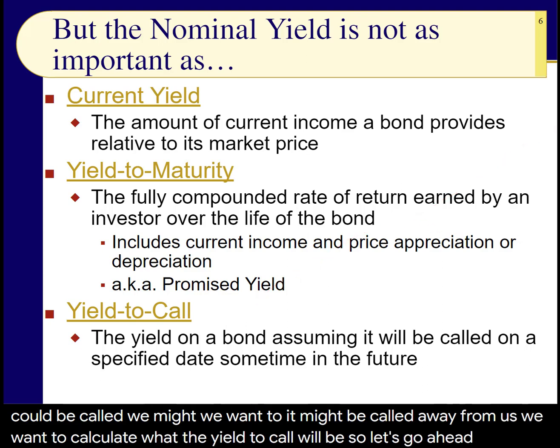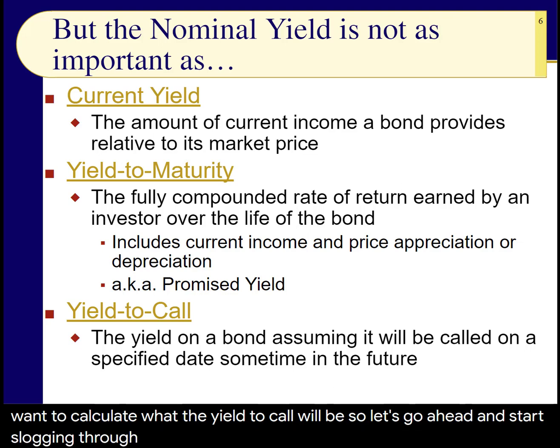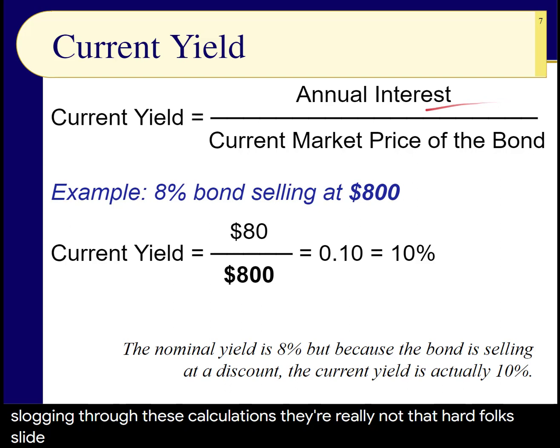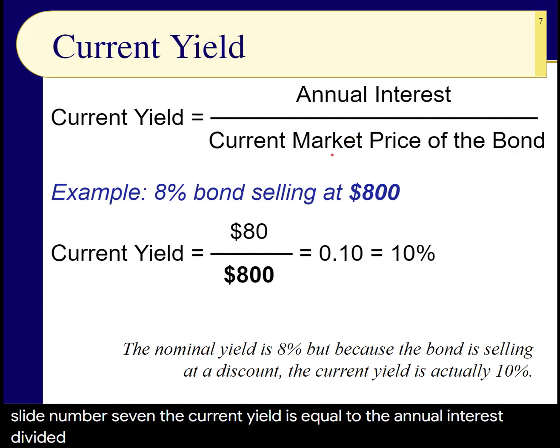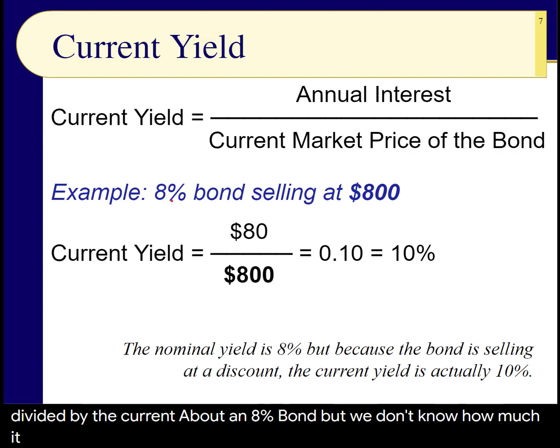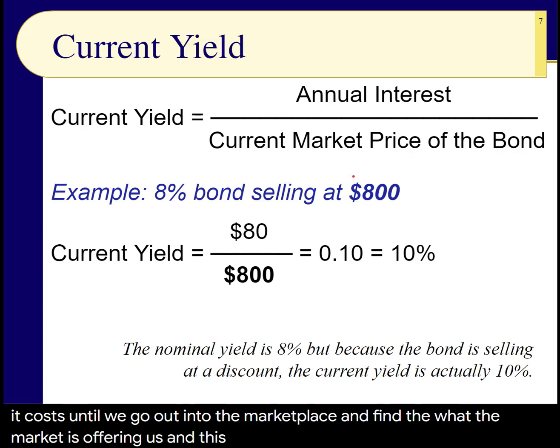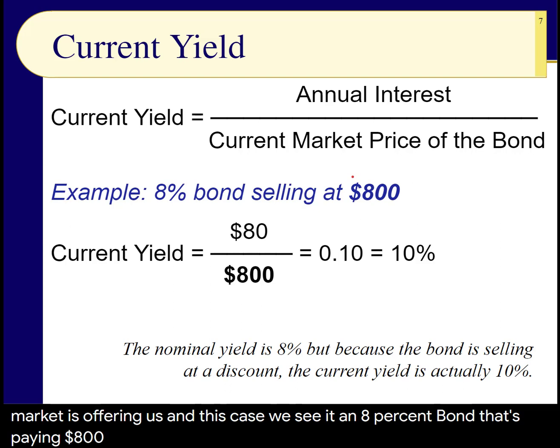So let's go ahead and start slogging through these calculations. They're really not that hard, folks. Slide number 7. The current yield is equal to the annual interest divided by the current market price of the bond. So we talked about an 8% bond, but we don't know how much it costs until we go out into the marketplace and find what the market is offering us. In this case, we see an 8% bond that's selling for $800. It's selling at a discount.